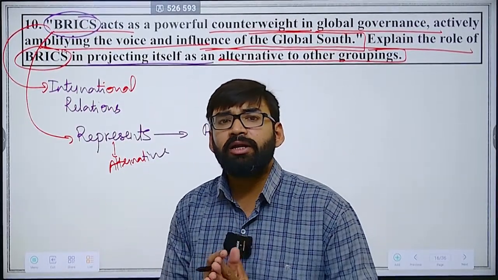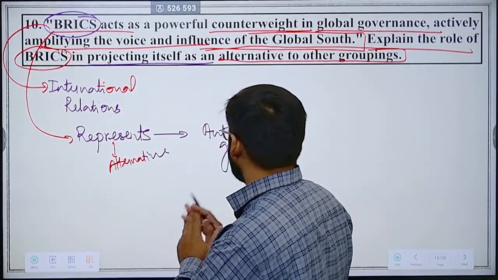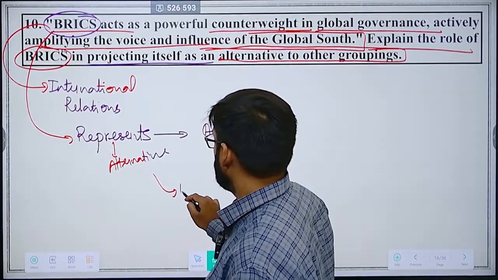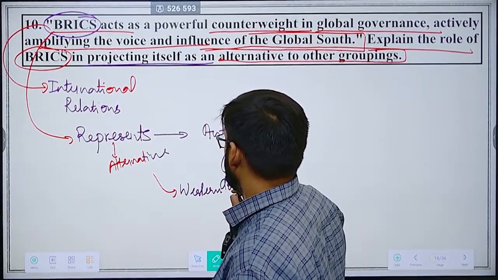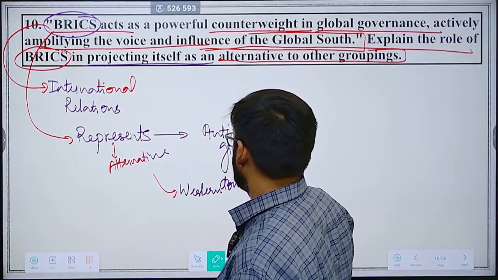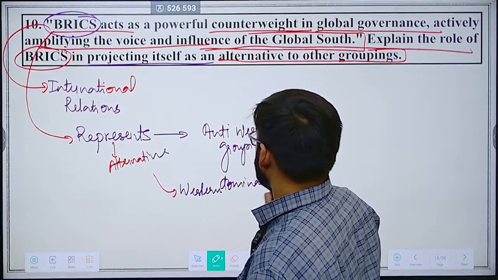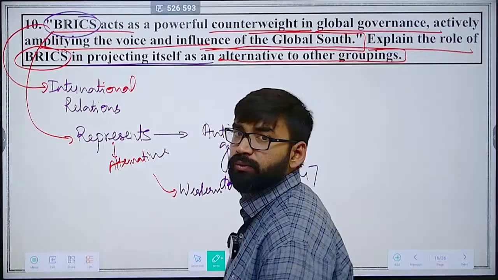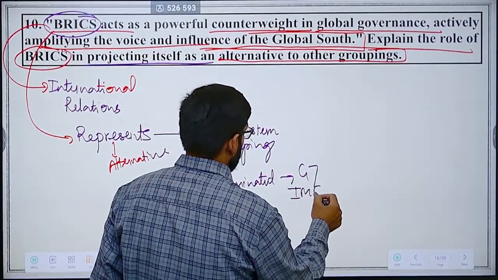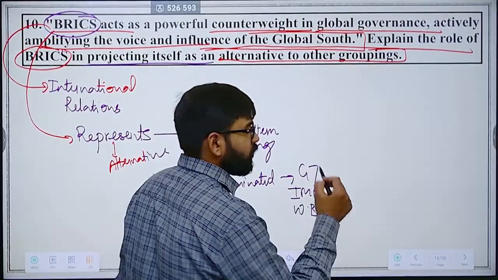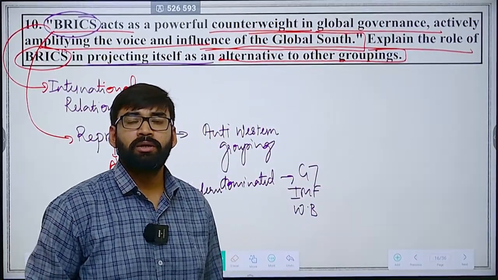Clear? For example, what are the Western-dominated groupings? Western-dominated groupings like G7 you can mention, IMF, World Bank, all these things you can mention easily. Clear?